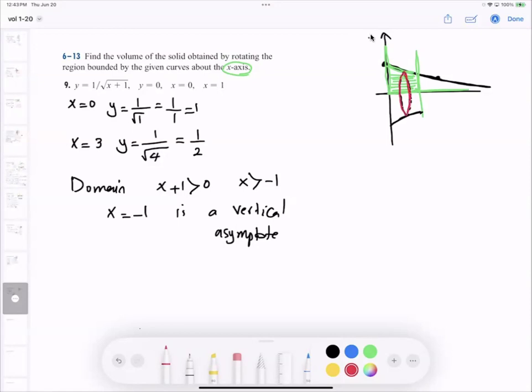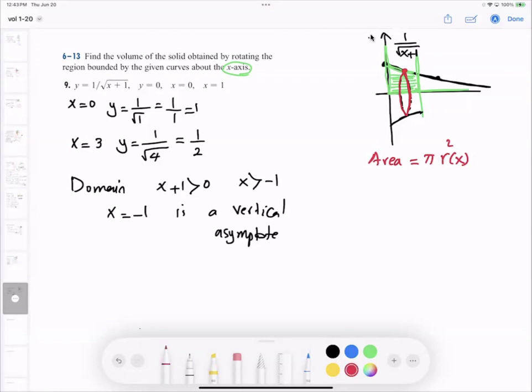For this disk, we need to find the area of this disk, which is pi r squared. Since you're rotating this about the x-axis, r is located on this function, which is 1 over the square root of x plus 1.